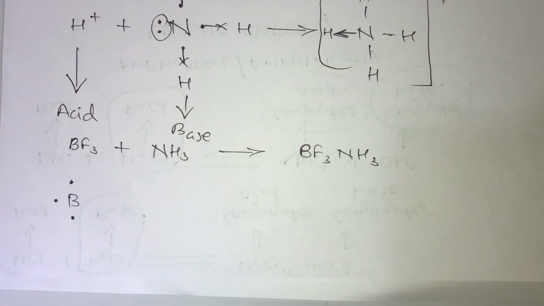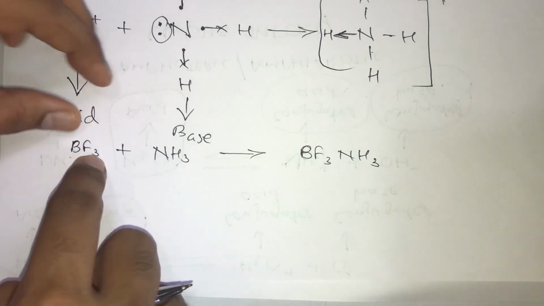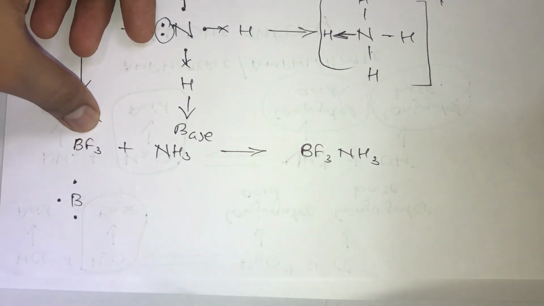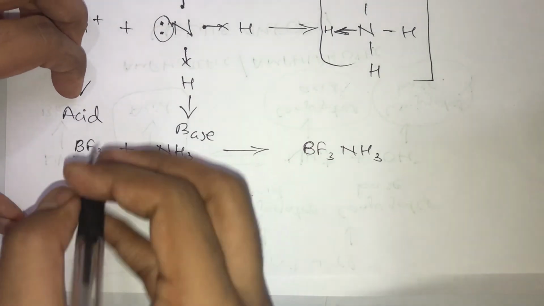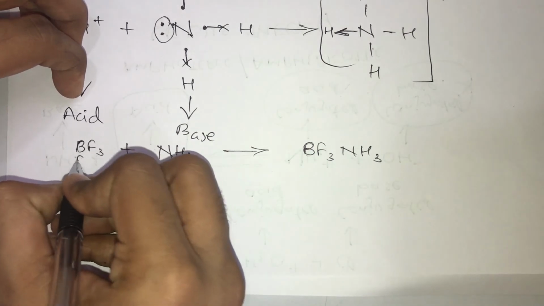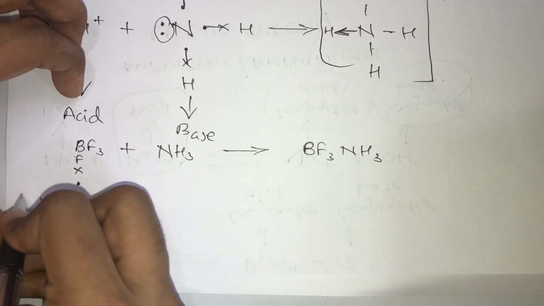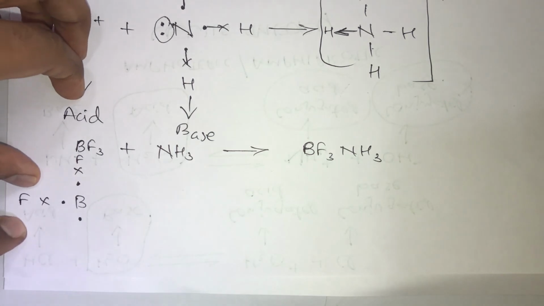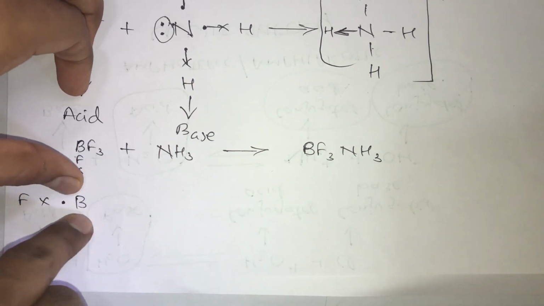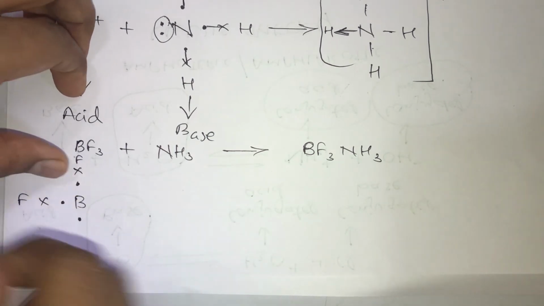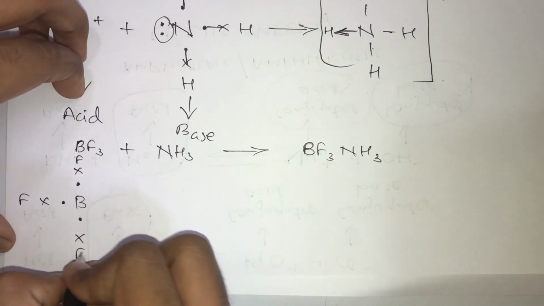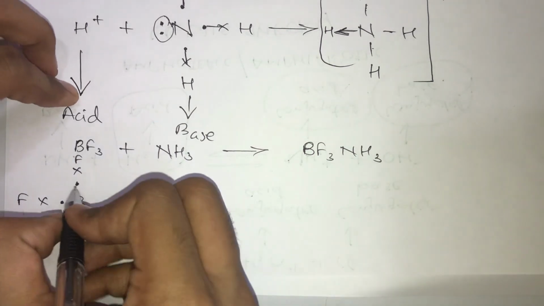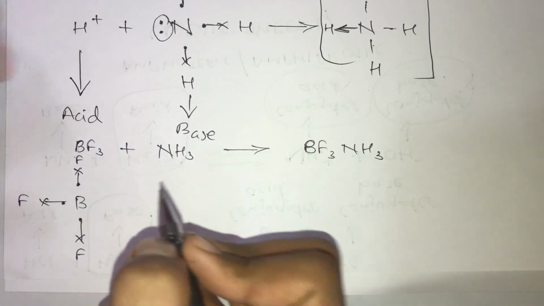Whereas fluorine has 7 electrons, and it requires 1 more electron, so it is going to combine with boron. This is how 1 electron will be shared by fluorine and 1 electron will be shared by boron. This is how a covalent bond is formed between them.